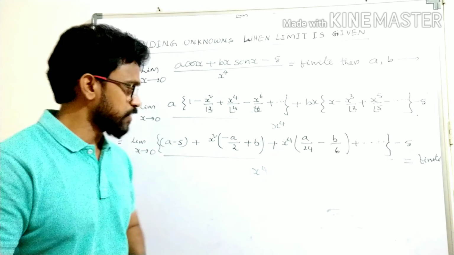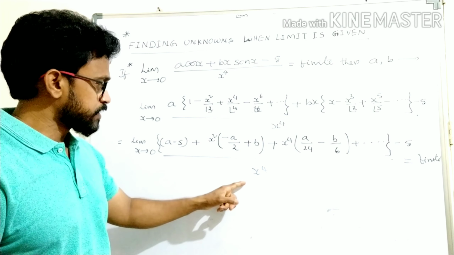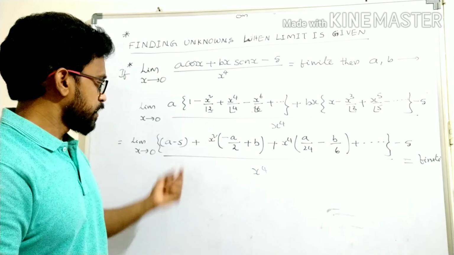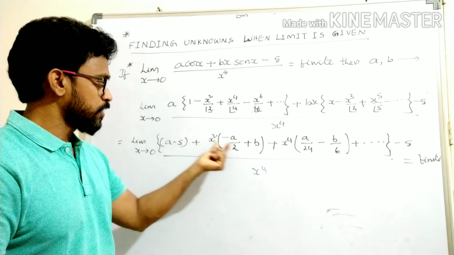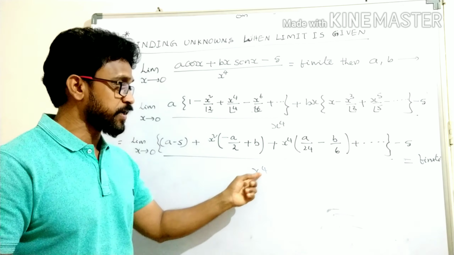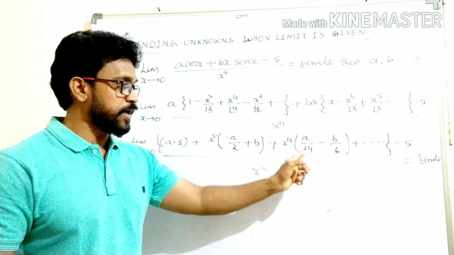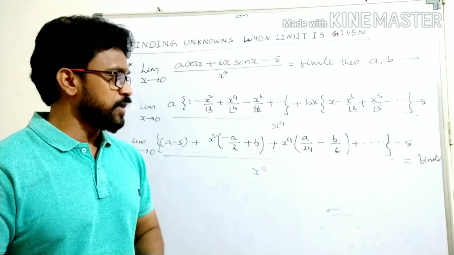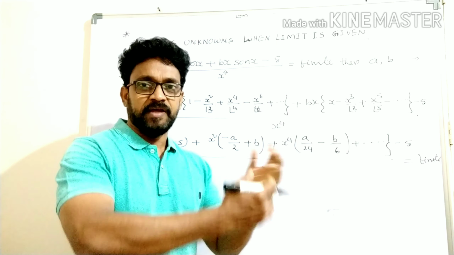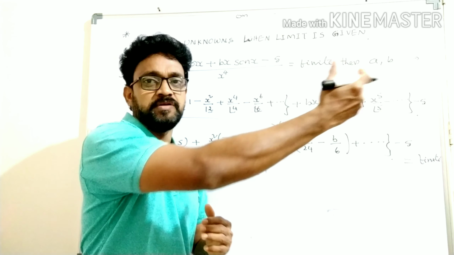So observing here, dividing every term with x power 4, what happens? Here a minus 5 by x power 4, here minus a by 2 plus b by x square, and here x power 4 will cancel. The next term is some constant into x power 6, then x power 8, x power 10 and so on.